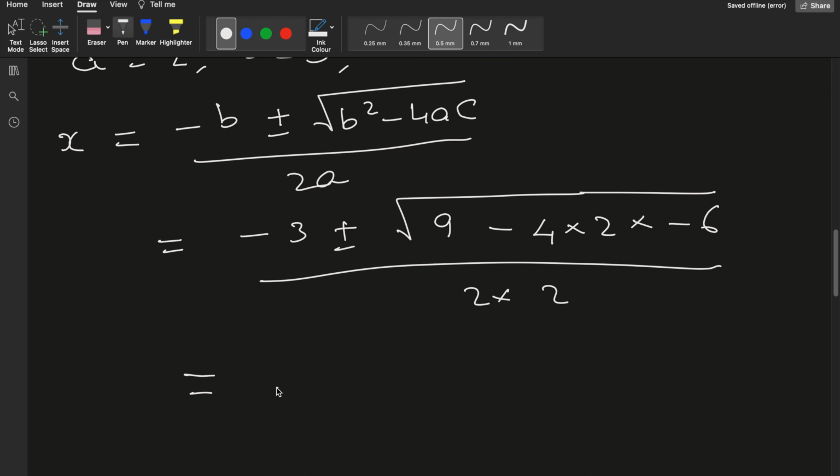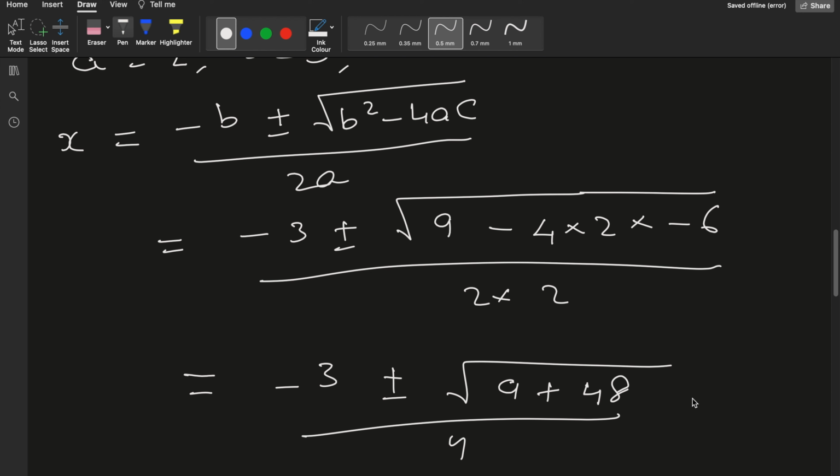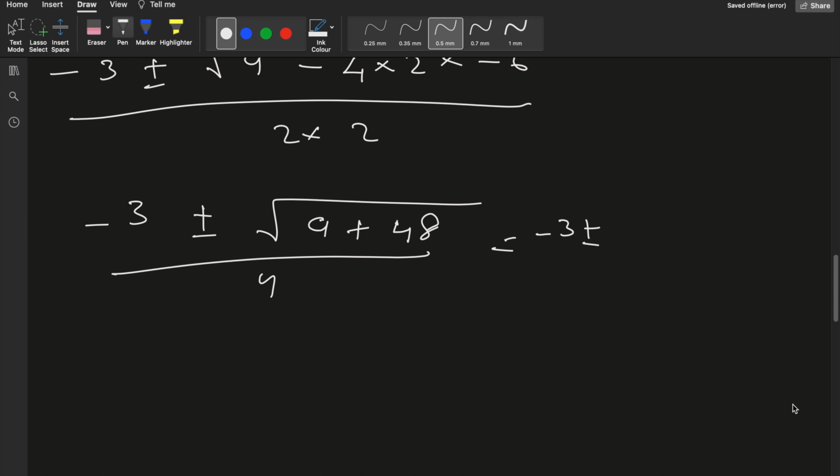So this would be minus 3 plus or minus square root of 9, and the negatives cancel, so that would be 24 into 2. 24 into 2 is 48. 48 plus 9 is 57, divided by 4.